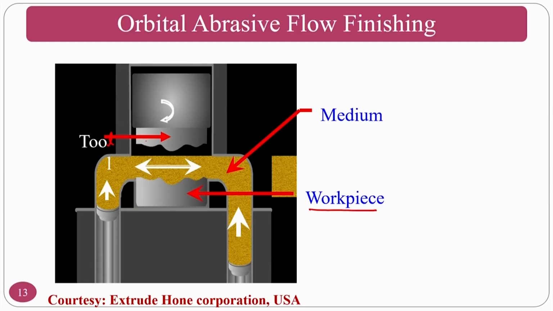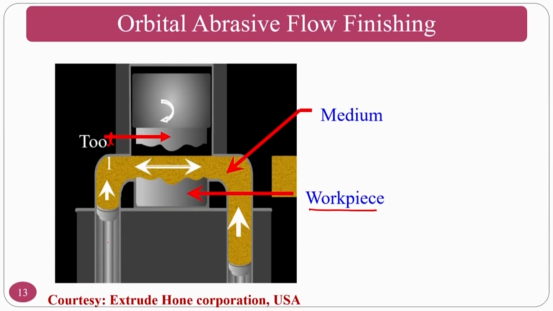The medium will reciprocate in between the tooling and the workpiece. You can see this is the medium piston that is pushing here and another piston is here. So piston 2 and piston 1 reciprocate the medium.